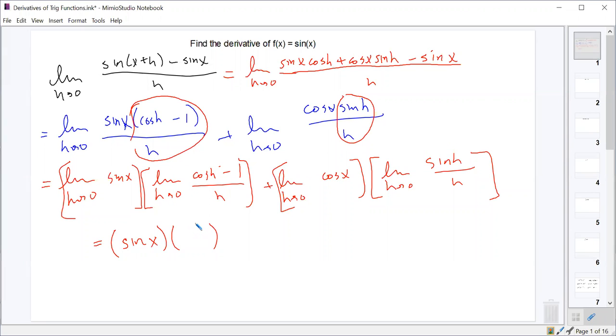That's a known limit that we proved a couple weeks ago. What is that limit? 0. And what is the limit as h approaches 0 of cosine x? Cosine x. And what's the limit as h approaches 0 of sine h over h? 1. And what does that give us?